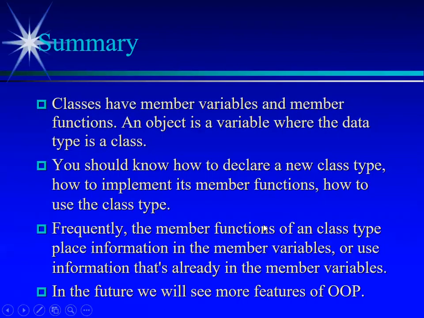Basically, as a summary, classes have member variables and member functions, and an object is a variable where the data type is a class. So a class may have multiple variables and multiple functions.